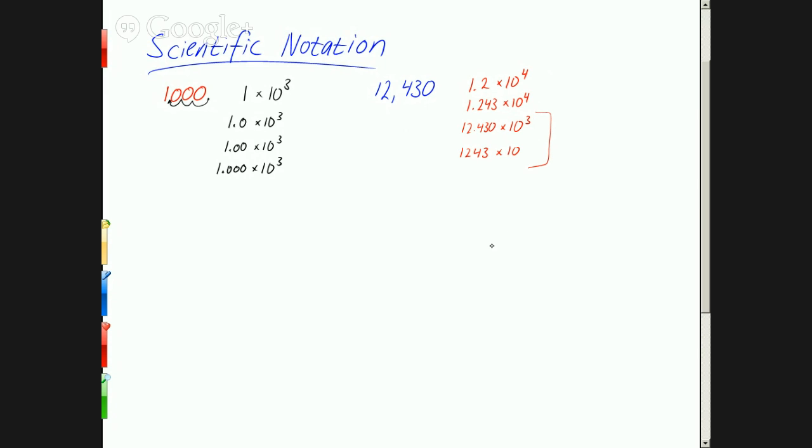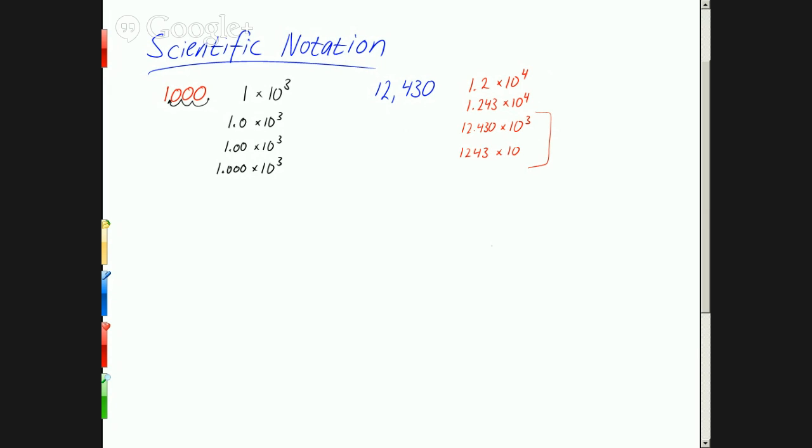These two are technically correct in the way that they also express that number. So 12.430 times 10 to the third is the same as 1.243 times 10 to the fourth, if the exponent just changes, as is 1243 times 10.